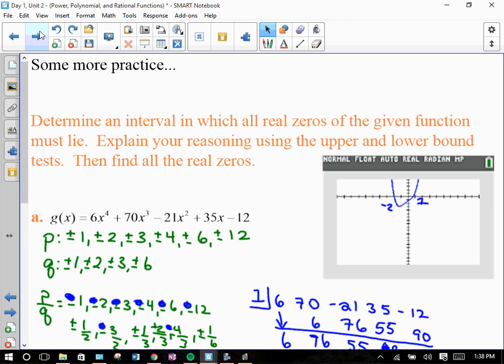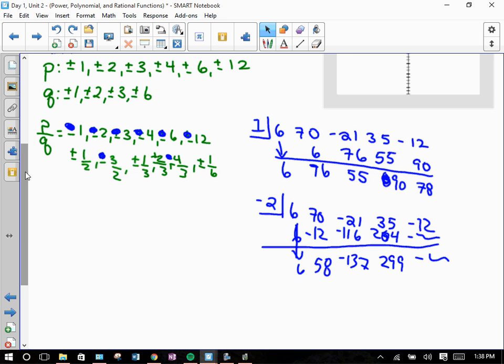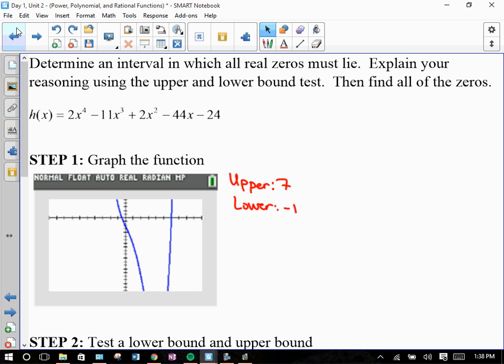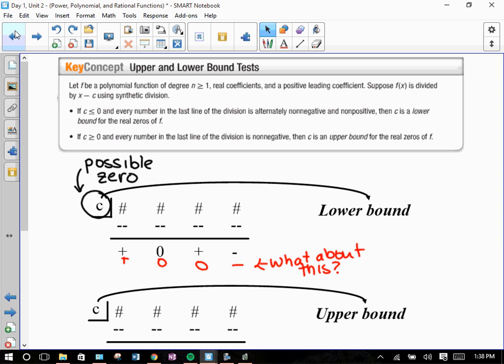So this one doesn't really change anything, right? C is positive, all of these are non-negative, right? Therefore that's still an upper bound. Now in this case, C is negative, right? C has to be negative. So if C is negative, right? If C is less than or equal to 0, and every number in the last line of division is alternately non-negative and non-positive, then there is a lower bound.